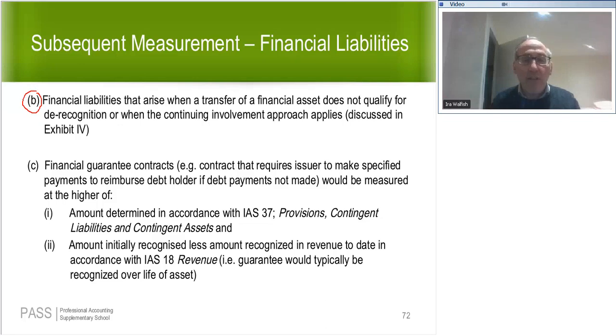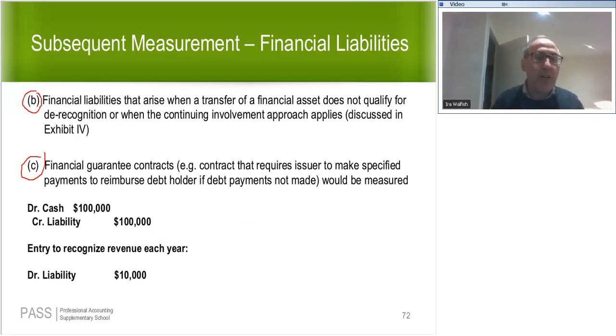Now, recognition of gains or losses for liabilities designated as FVTPL. An entity would present a gain or loss on a financial liability designated as FVTPL as follows. There's somewhat of a difference here between what we do for an asset versus a liability.